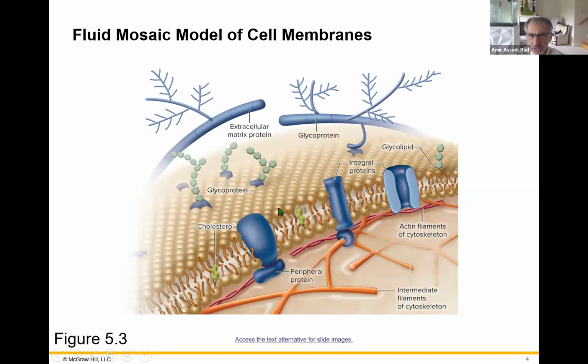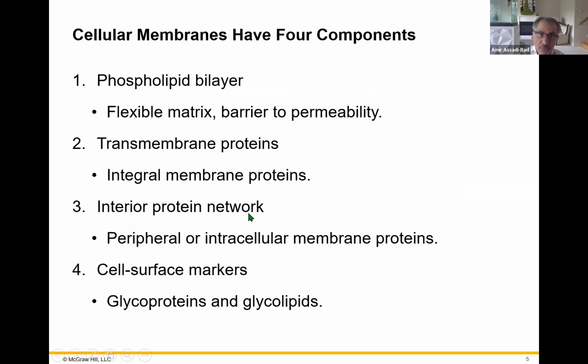Imagine the Oreo cookie is the bilayer, two layers, the chocolate outside and the white inside. Now stick some chocolate chips into the Oreo cookie. That's what the structure of the cell membrane is like. Anyhow, we talked about all of this.